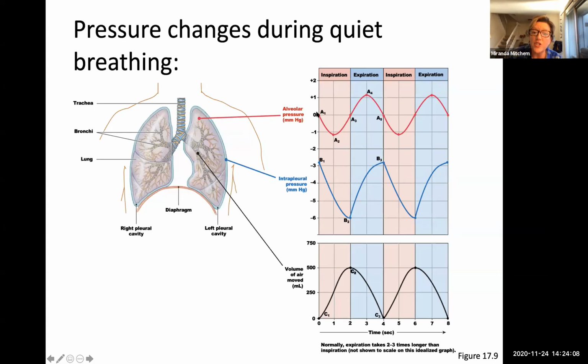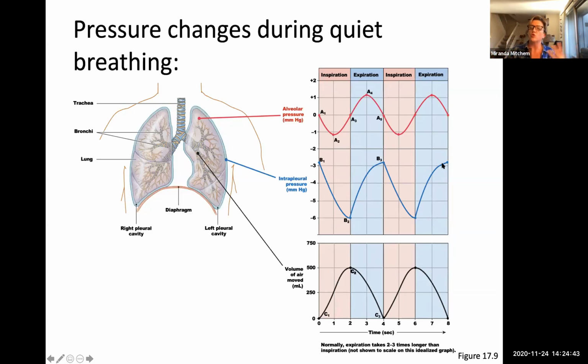So alveolar pressure decreases with inspiration and then increases at expiration. And then it decreases with inspiration and increases again. The intrapleural pressure, now look at it, we've got a different dynamic between the alveolar and the intrapleural pressure. So our intrapleural pressure decreases and then it increases with expiration, decreases with inspiration, increases with expiration.